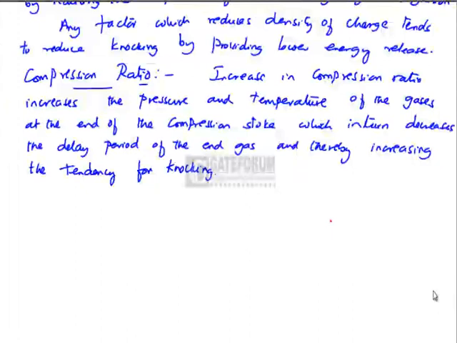The overall increase in the density of the charge due to higher compression ratios increases the pre-flame reactions in the end charge, thereby increasing the knocking tendency of the engine. It's the main reason for limiting the compression ratio of an SI engine to a lower value as compared to CI engines.